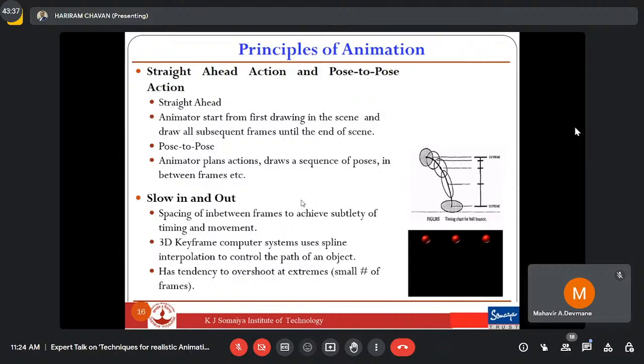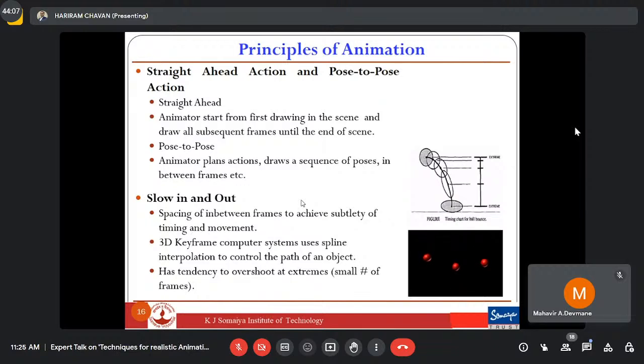The next is slow in and slow out. I think you can make this out immediately from this animation sequence wherein a lift has been simulated. When you would like to demonstrate the working of an elevator or lift, when it reaches the destination, it will make the keyframes sequentially.